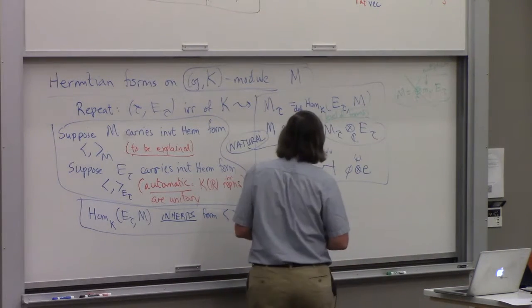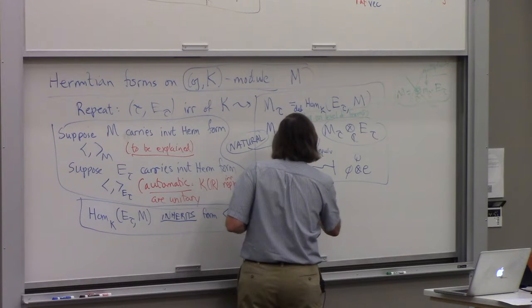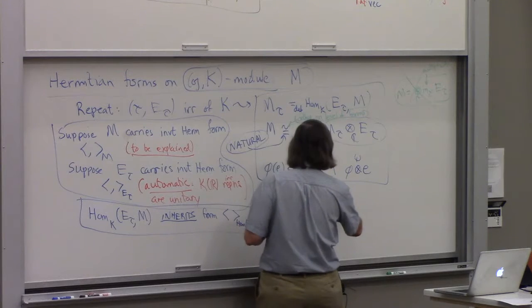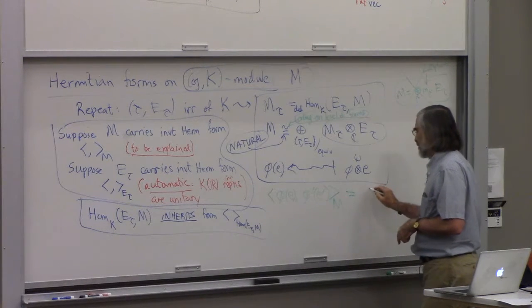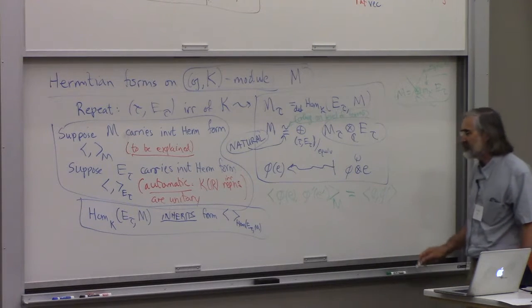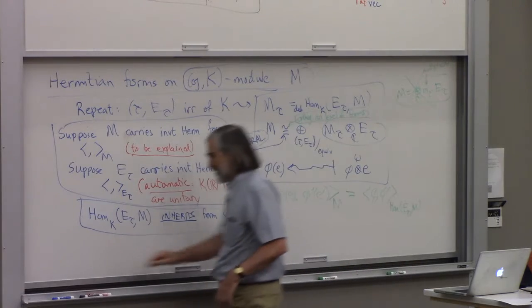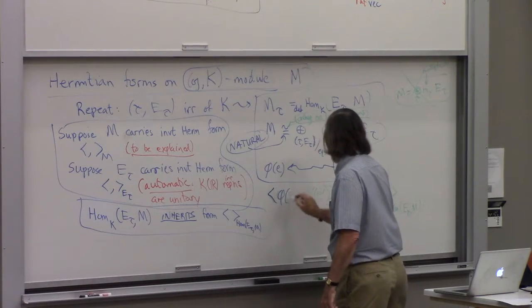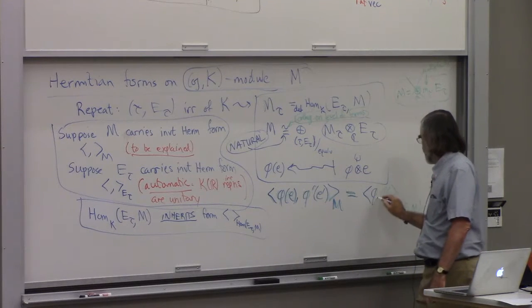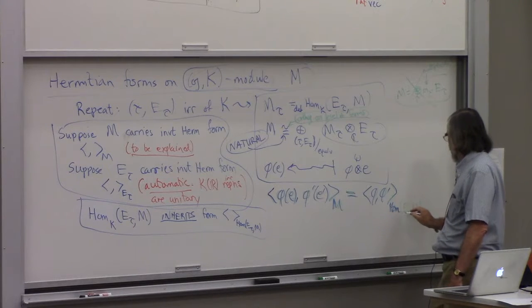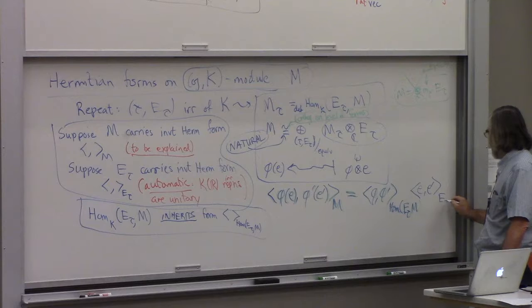So if I compute the pairing between two of these, this is going to be the pairing between phi and phi prime in this form here, multiplied by the pairing between E and E prime in E tau.